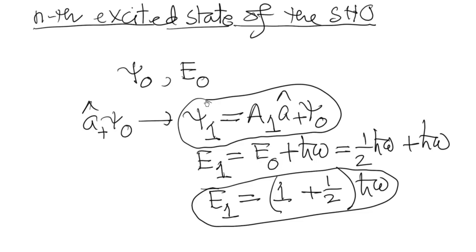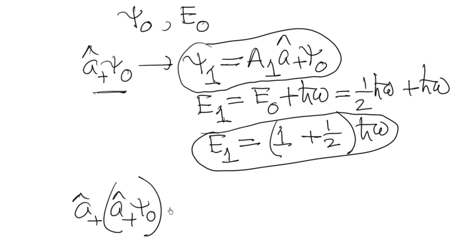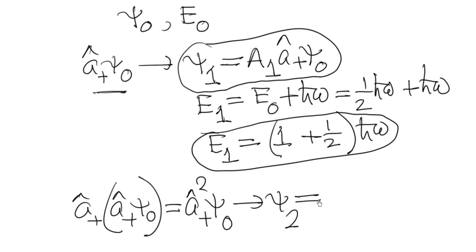Similarly, if we operate on this again by the A plus operator, we get A plus square psi naught, and this will give you the second excited state, psi 2. If you want to equate it with A plus square psi naught, then you have to put a constant, let us suppose A2.